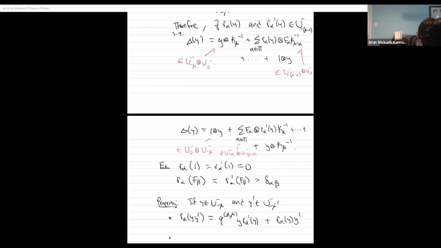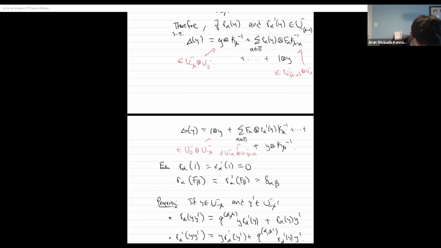And similarly for R alpha prime of y y prime.